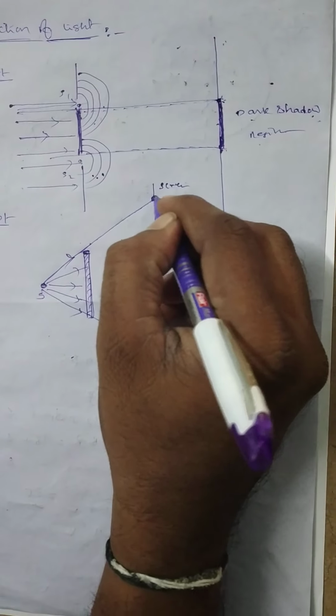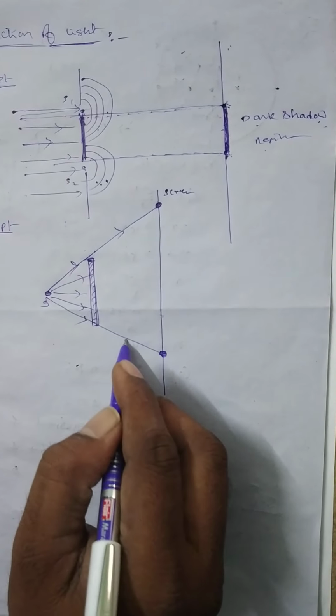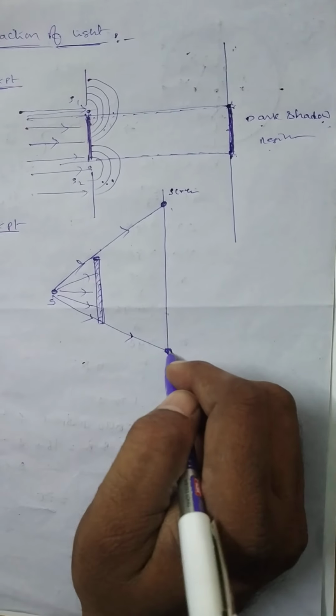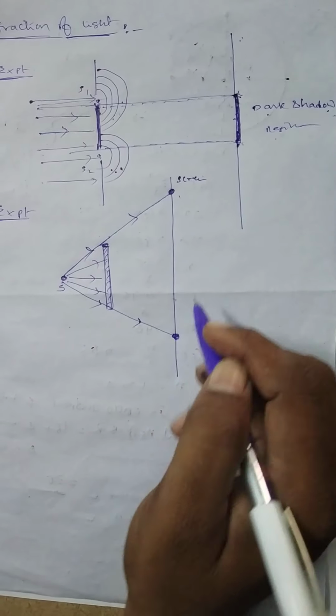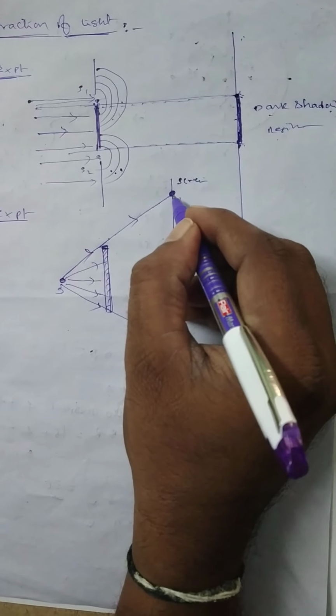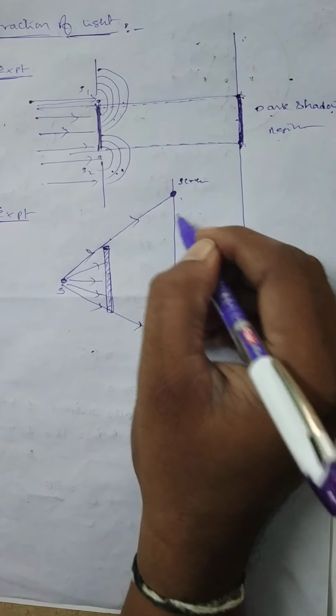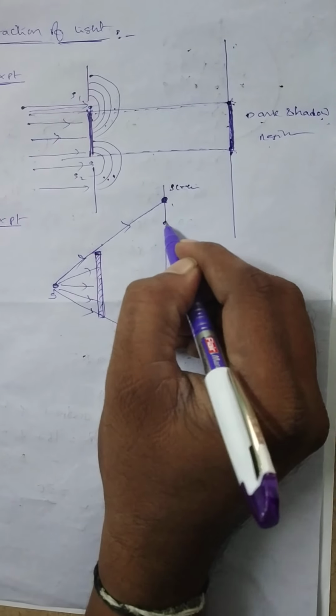In between this one and this one, we observe a completely dark shadow. But experimentally it is proved that on this dark region, up to a certain region, light encroaches within the geometrical shadow.